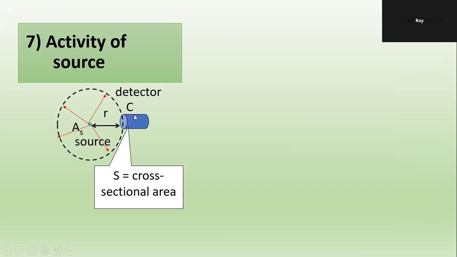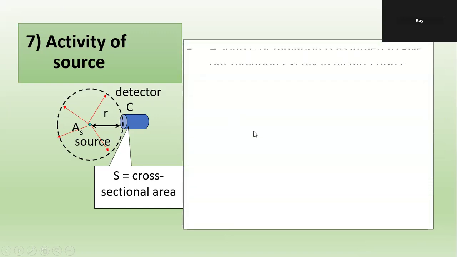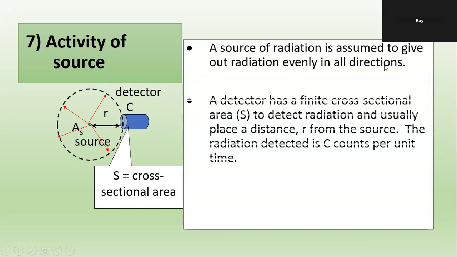The source of radiation is assumed to give out radiation evenly in all directions. The detector has a cross-sectional area to detect radiation and is usually placed a distance r from the source. The radiation detected is counts per second. That's the activity detected by the detector.